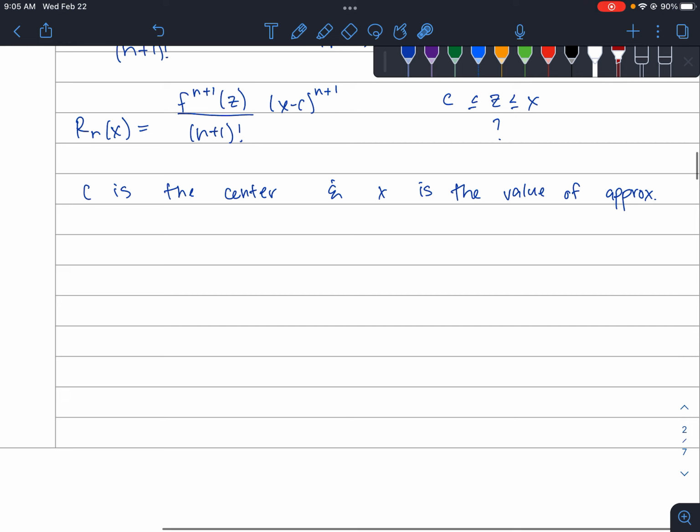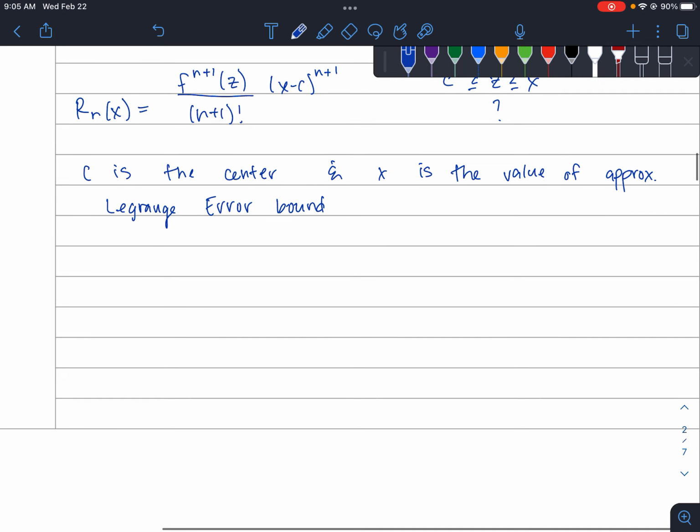So the Lagrange error bound says this right here. Very similar to the alternating series, he says that the absolute value of our approximation error is less than or equal to the absolute value of x minus c raised to the n plus 1 divided by n plus 1 factorial.